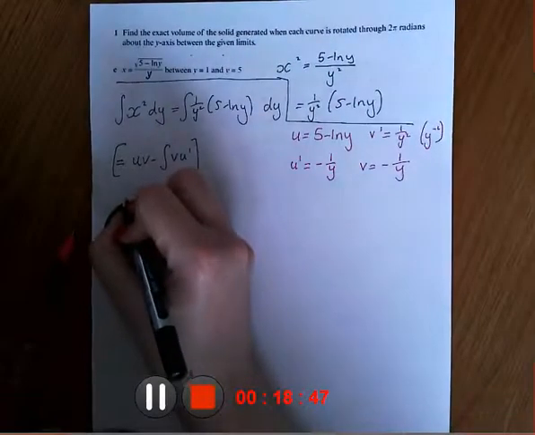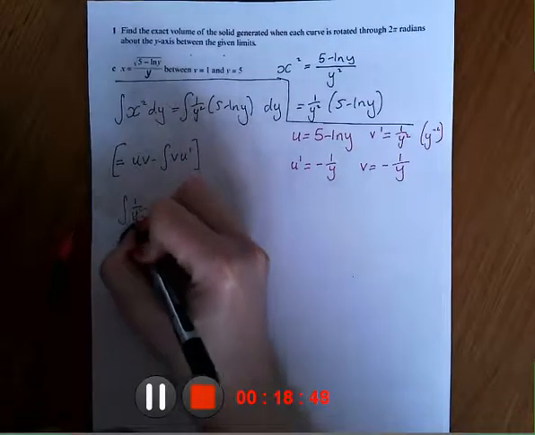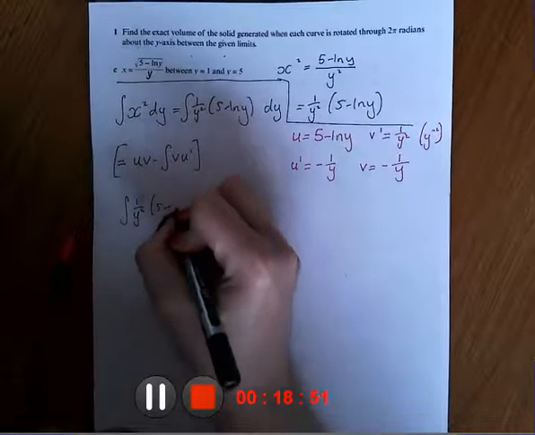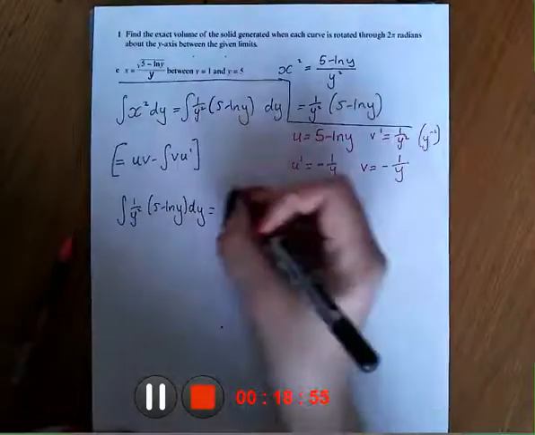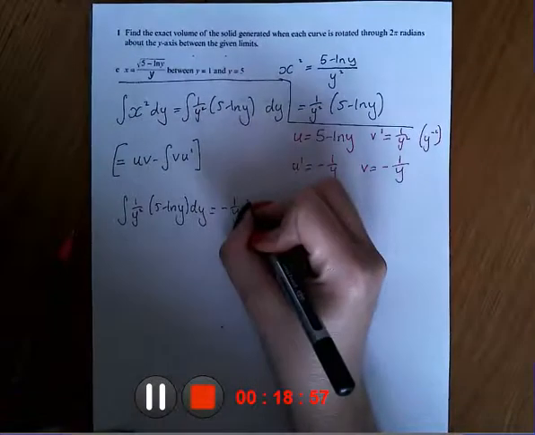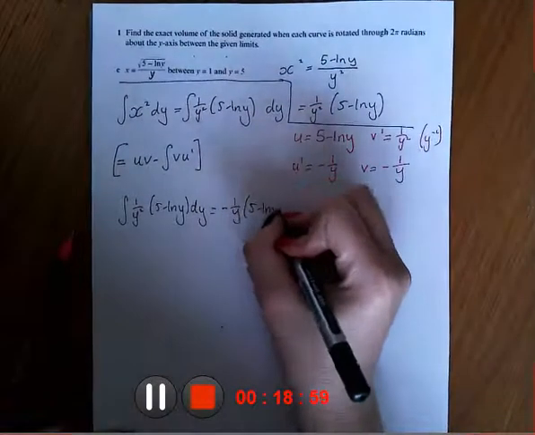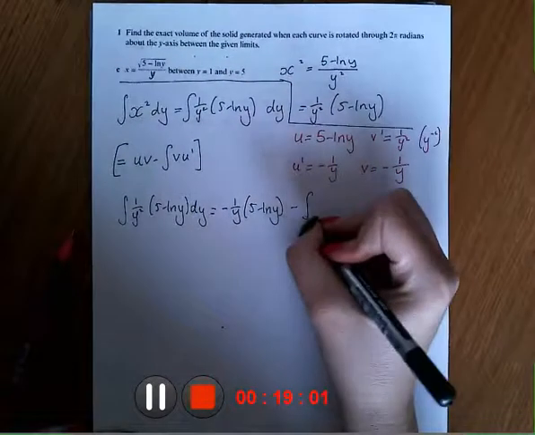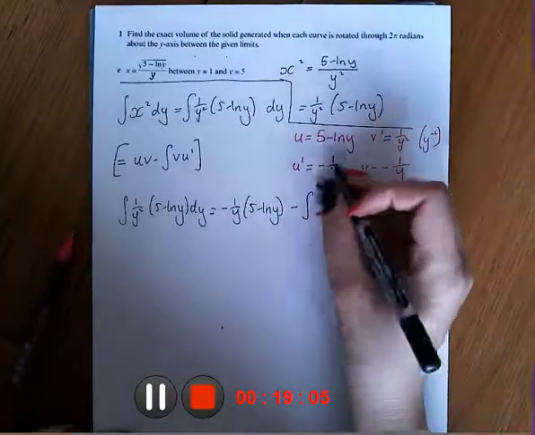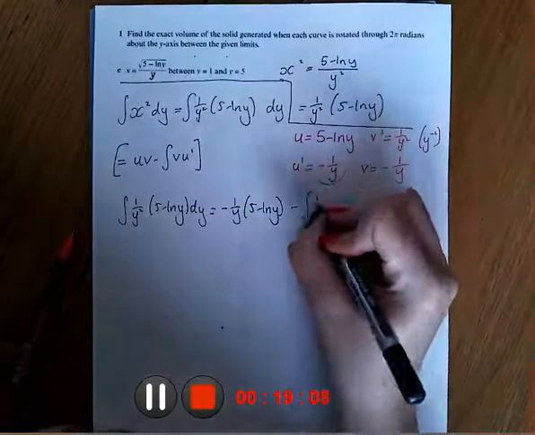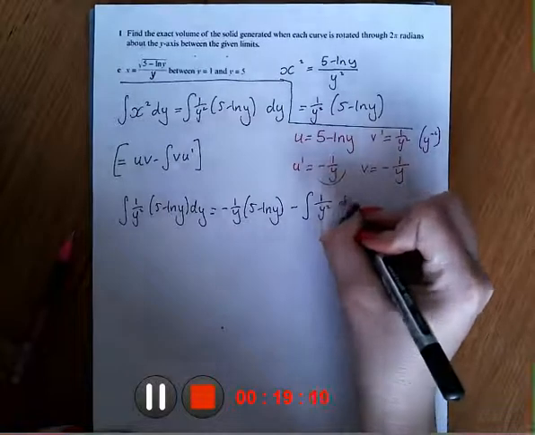So therefore, the integral of 1 over y squared times by 5 minus ln y with respect to y is equal to uv, so minus 1 over y times by 5 minus ln y, subtract the integral of vu dash, so negative 1 over y times by negative 1 over y, which is positive 1 over y squared.